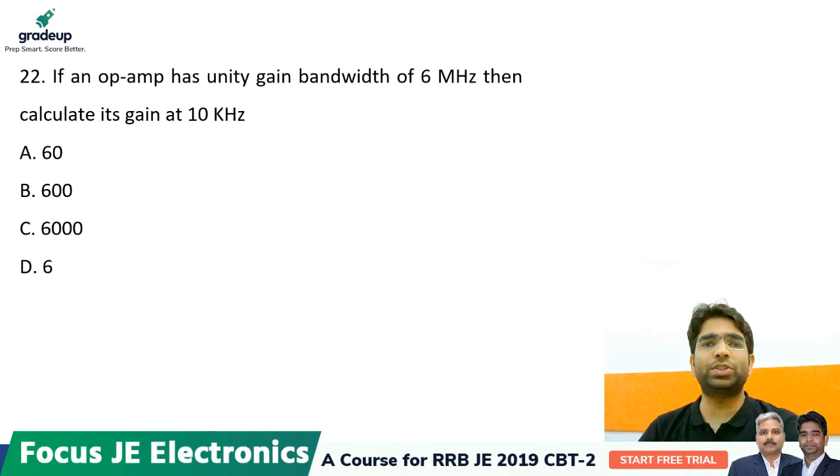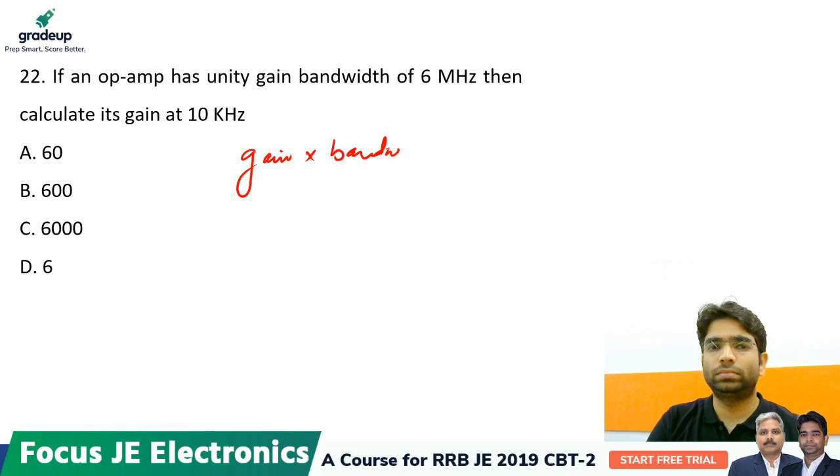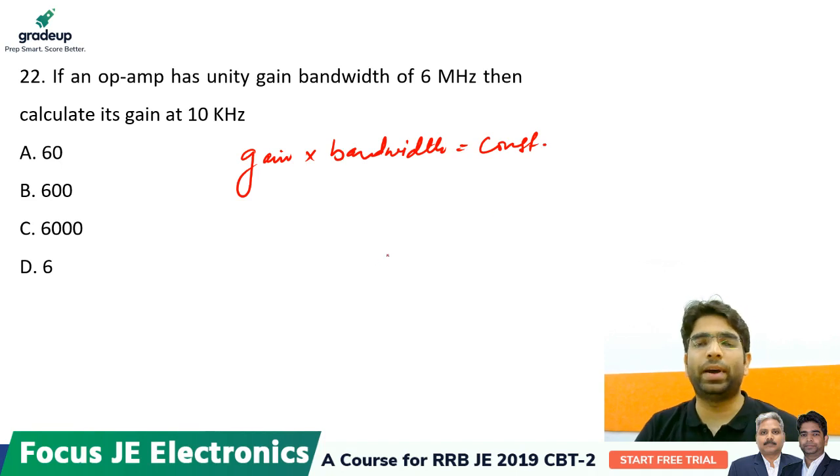If an op-amp has unity gain bandwidth of 6 MHz, then calculate its gain at 10 kHz. Animesh, correct. Praveen, correct. Now let us come to this. My dear friends, gain into bandwidth is always constant for any amplifier. We say that for an amplifier, the gain bandwidth product is a constant value.